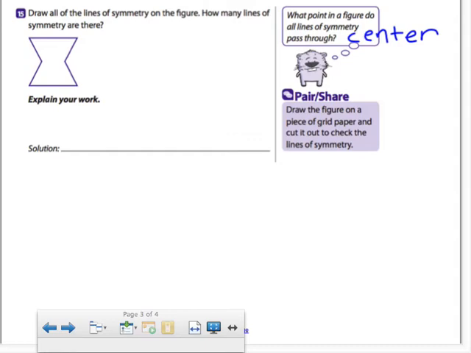Check it out. This is a line of symmetry. This is a line of symmetry. And there is no other line of symmetry. You might think, what about from this diagonal point, right there? Well, I hear you.